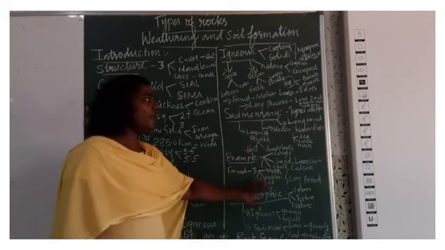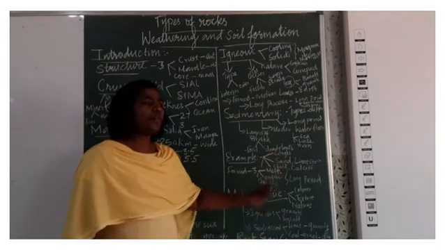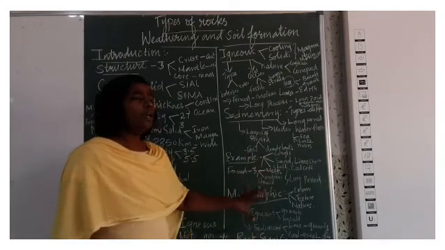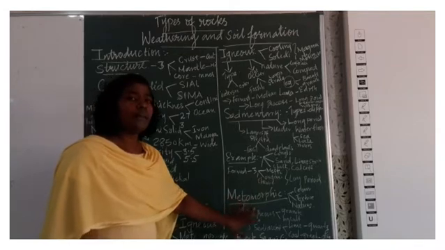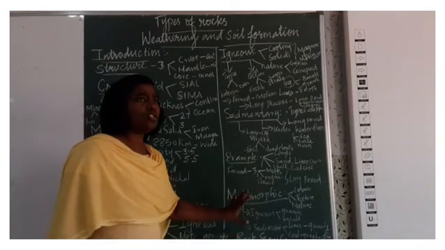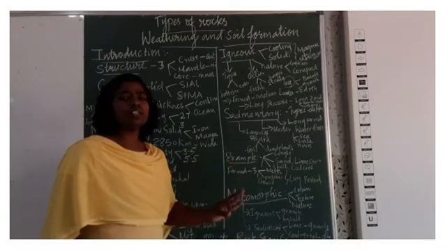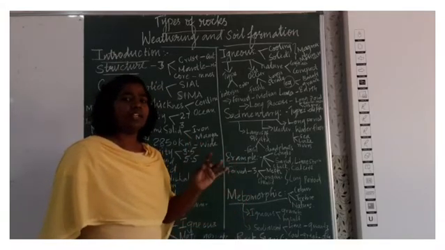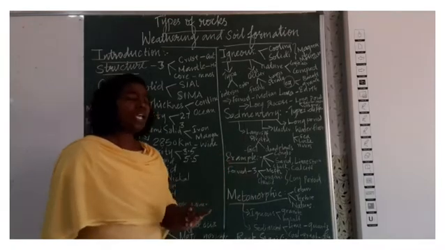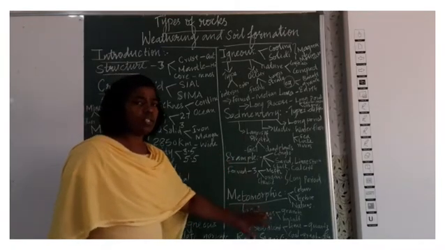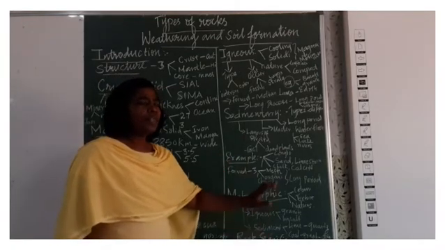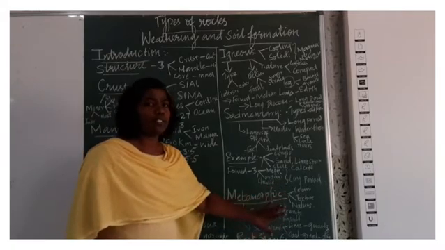Okay, these are the different natures of metamorphism. So metamorphism occurs because of the changes on the surface of the earth. All three changes, mechanical, chemical and organic, that occur in the interior of the earth cause the metamorphism.